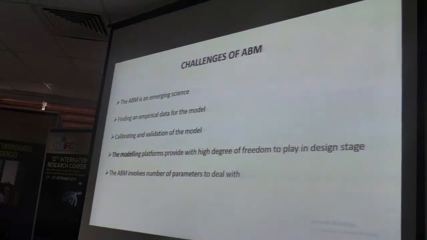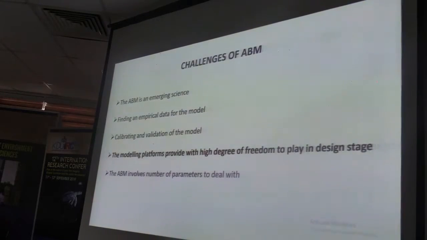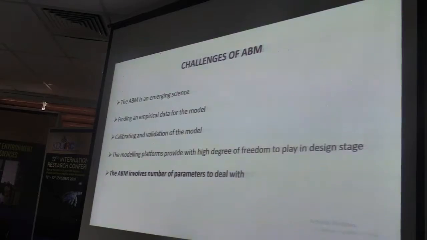The model platform provides a high degree of freedom to play with in the design stage, and there is a challenge from less experienced modelers and less experience from the field. Agent-based modeling also involves a number of parameters to deal with, where we need a lot of research to find the figures for the parameters.